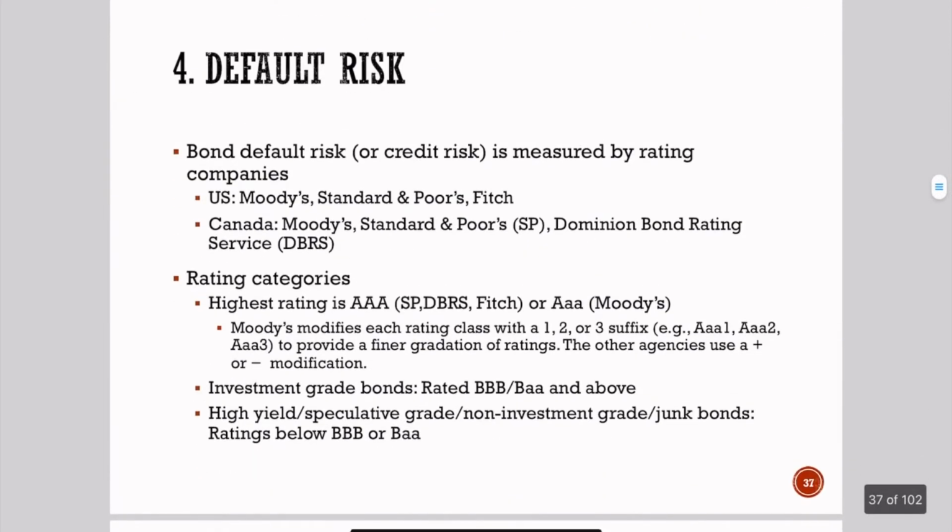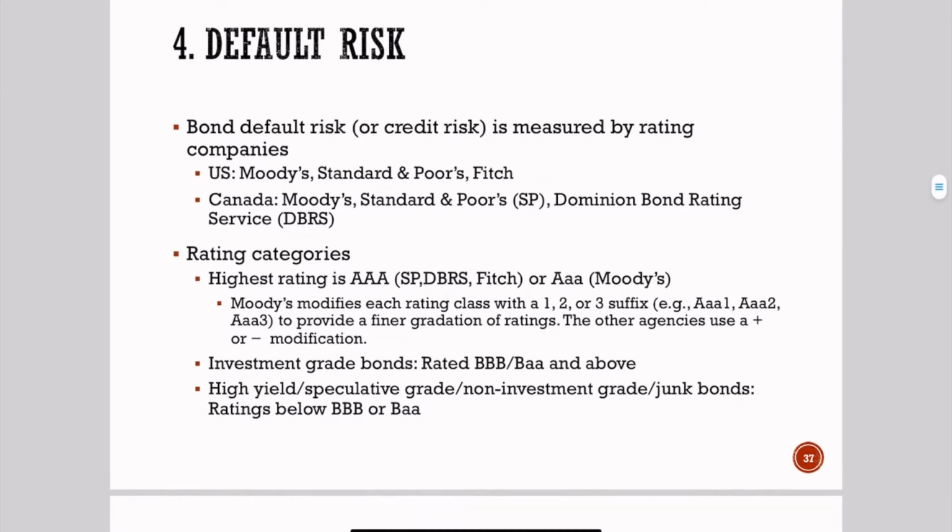Okay, great. Now let's move on to the next section, which is about default risk. So we basically mentioned a very important type of risk in bond pricing, that is interest rate risk, right?